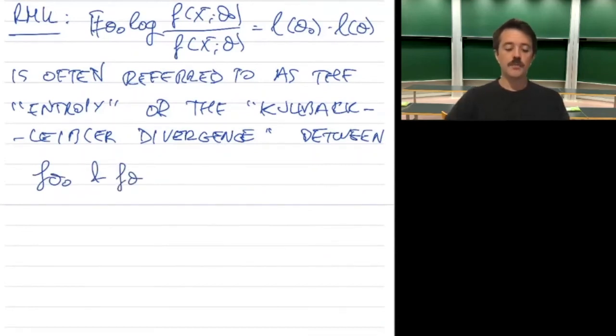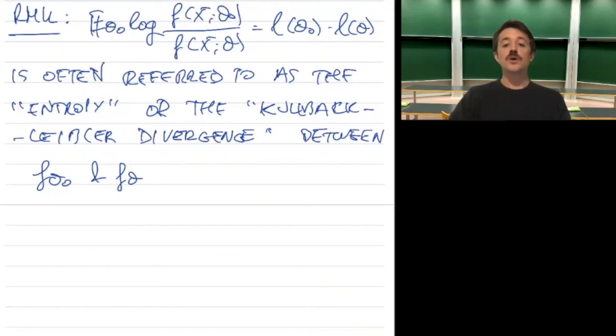In this course we will not worry too much about measure theory, but what I want to say here is that this Kullback-Leibler divergence can be defined for general probability distributions, and you can do that through Radon-Nikodym derivatives. If you want to learn about that, you should go to probability and measure. We're not going to need it, but just to make you aware of it.